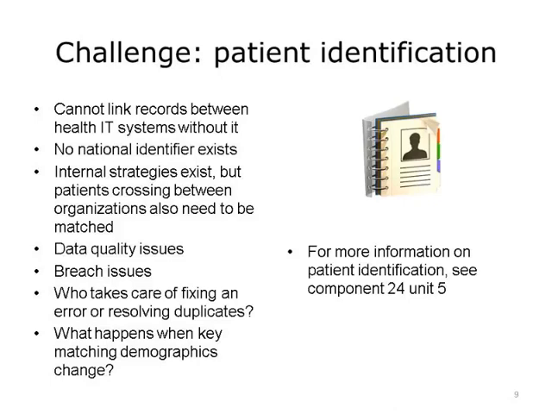The primary argument against a national patient identifier is that it could compromise privacy. Internal strategies exist today in numerous organizations to match identifiers within organizations. However, they do not often exist between organizations. Patient matching is really hard because there are data quality issues, such as duplication of data within and between organizations. Imagine when two different people are incorrectly linked together or their data are merged together.